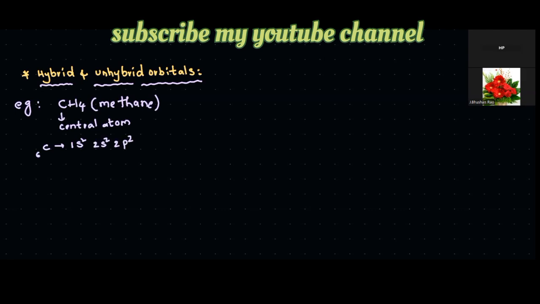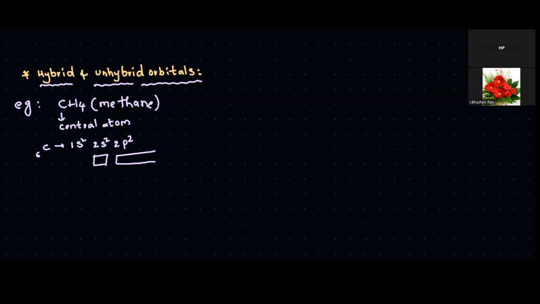In the ground state, this is the s orbital representation, and this is the p orbital representation. In the p orbitals there is 1 electron here, 1 electron here, while s has 2. So 2s2 2p2 is the ground state electronic configuration of the given carbon.